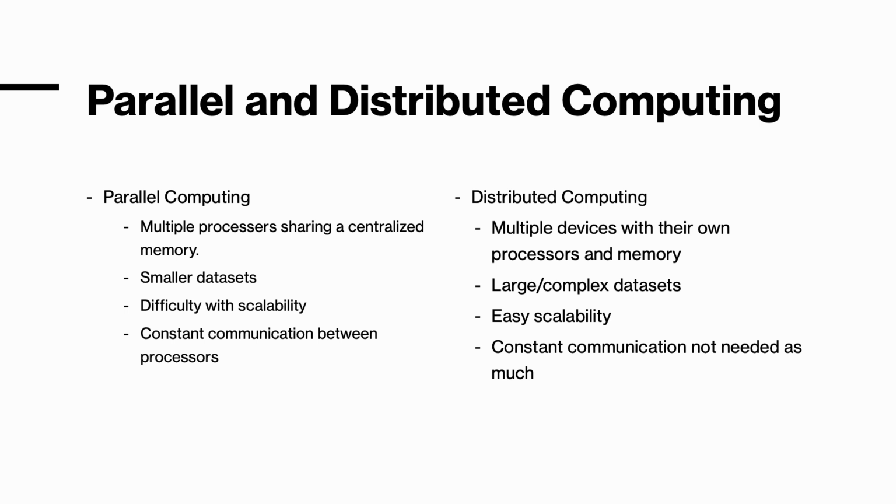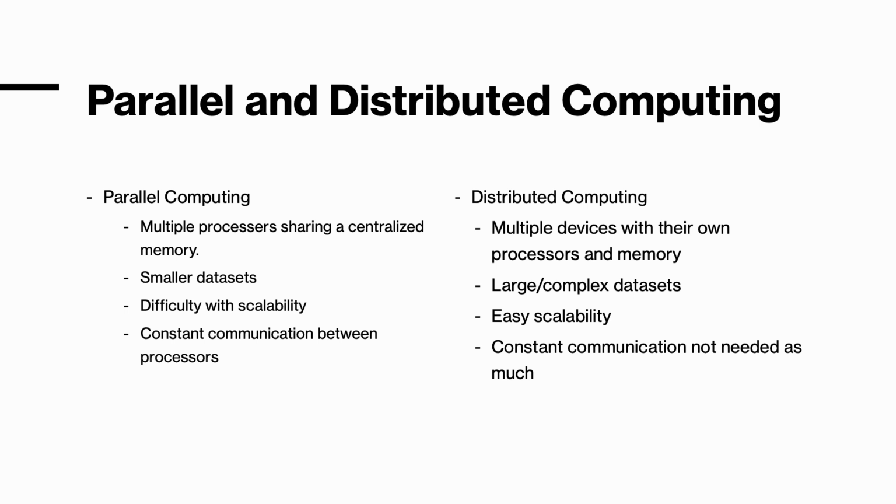And then distributed computing is multiple devices, multiple computers spread out across your local network, or it could be a wide area network, cloud infrastructure. Each device has its own processor, its own memory, its own unique system. They process the data and then share their results with the other devices on the network to put the information all together in the end.